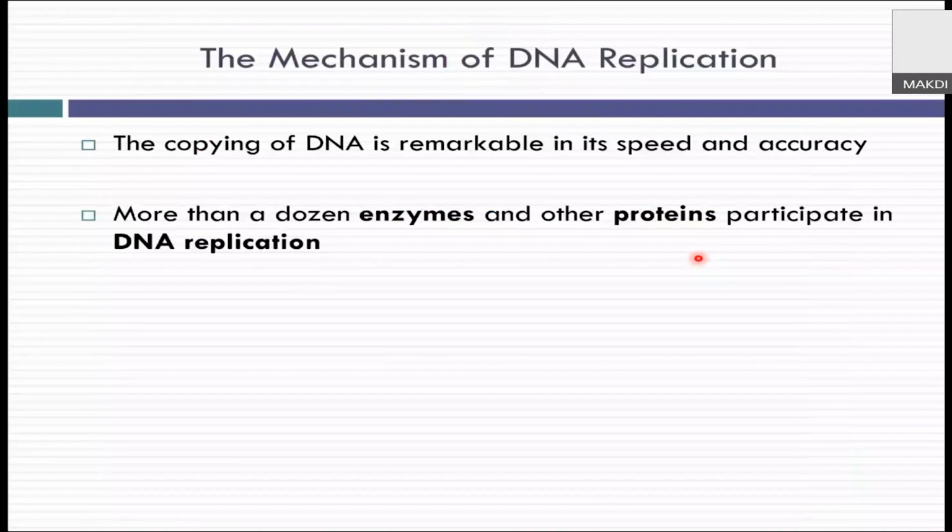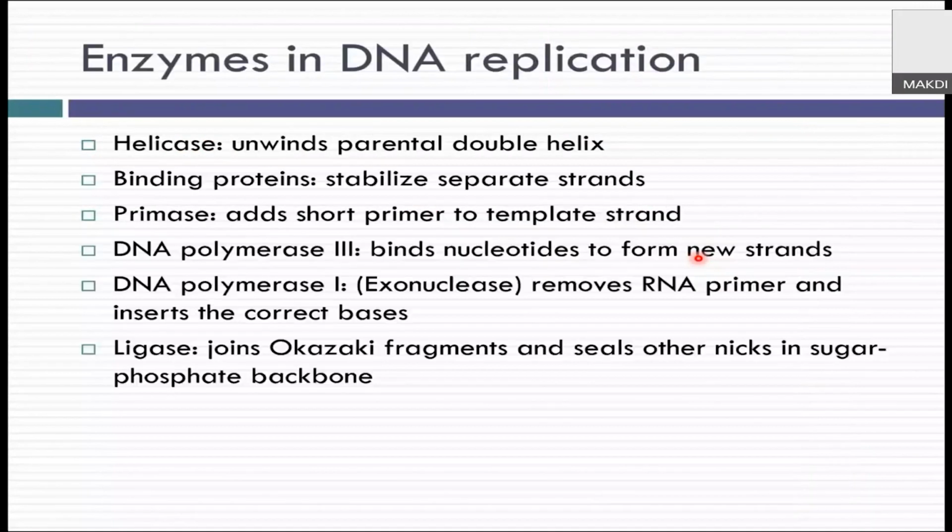Okay, the mechanism of DNA replication. First we look at the enzymes and proteins that participate in DNA replication. There are many. Actually, this is the most important one. Helicase. Helicase is the enzyme that will unzip the double helix.